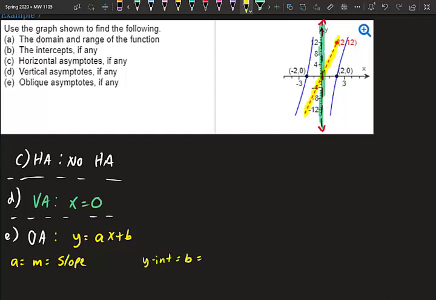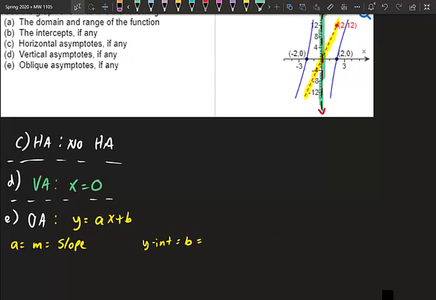So we do have the y-intercept. It's right here. It's 0, 0. And we can find the slope because we can use this point and just count.